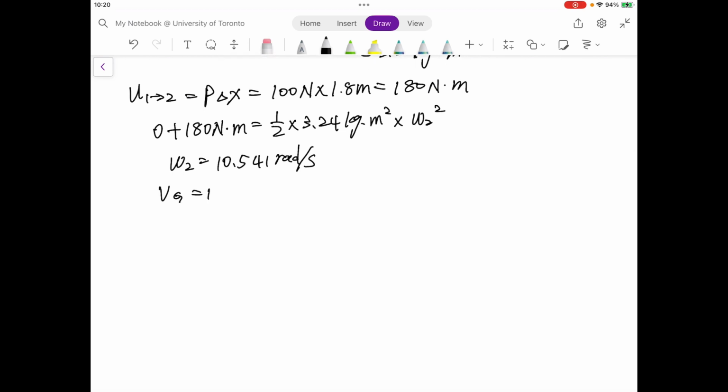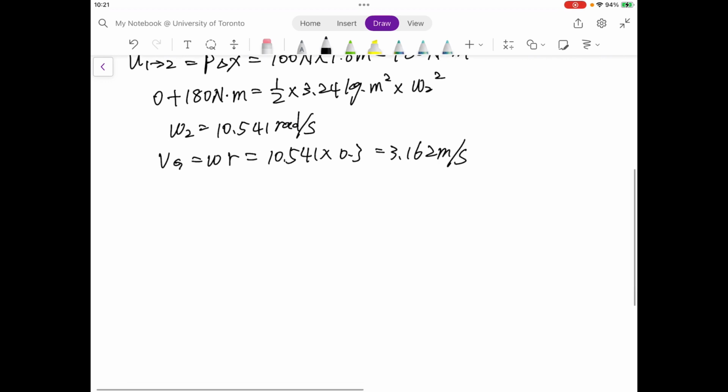Because there is no slipping, v_G is equal to omega r, 10.541 times 0.3. The v_G is equal to 3.162 meter per second.